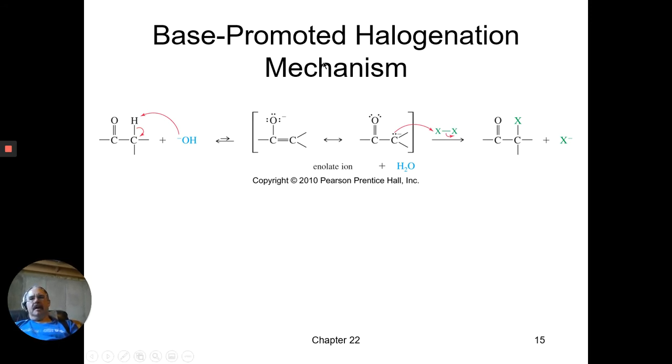Okay, so here is the base promoted halogenation. Hydroxide removes this alpha hydrogen. We have our enolate anion, which then attacks the halogen. Typically chlorine, bromine, or iodine.